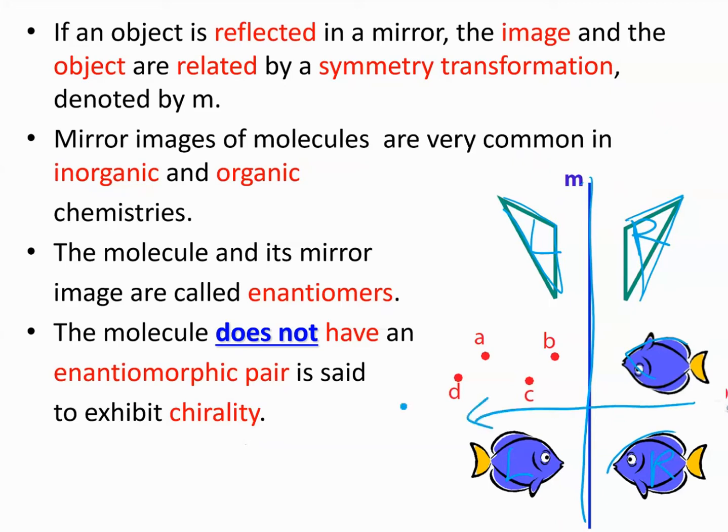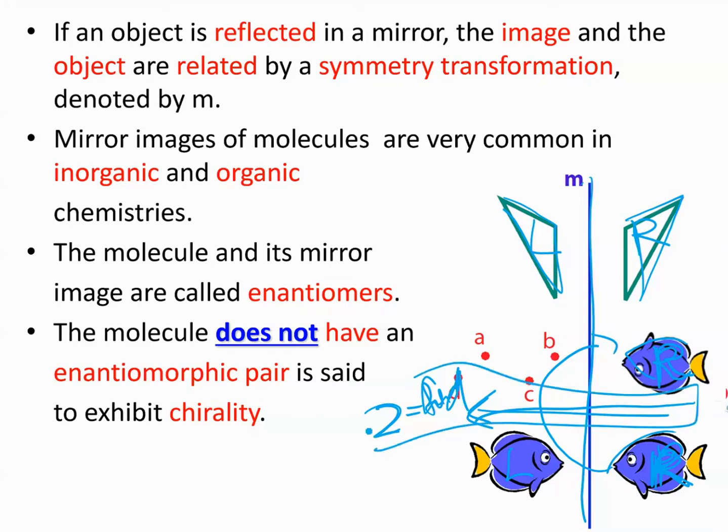If here we have one two-fold rotation, so this fish will rotate to here. So if this is the right hand, then this will also be the right hand because this is the two-fold rotation. So when we involve the rotation, the handedness of this one, the original one is R, will also be R, same handedness, if this is a two-fold rotation.